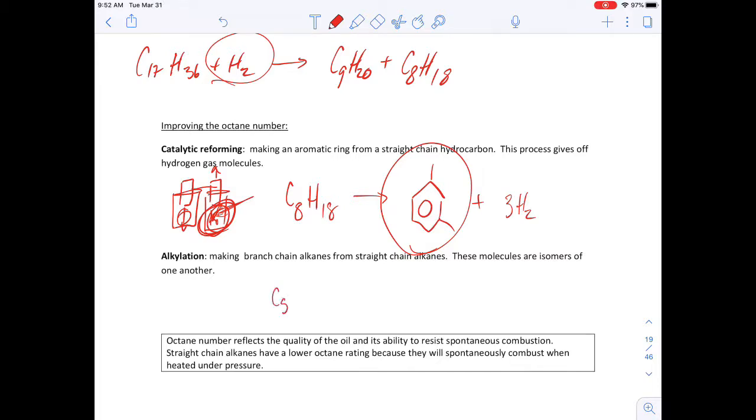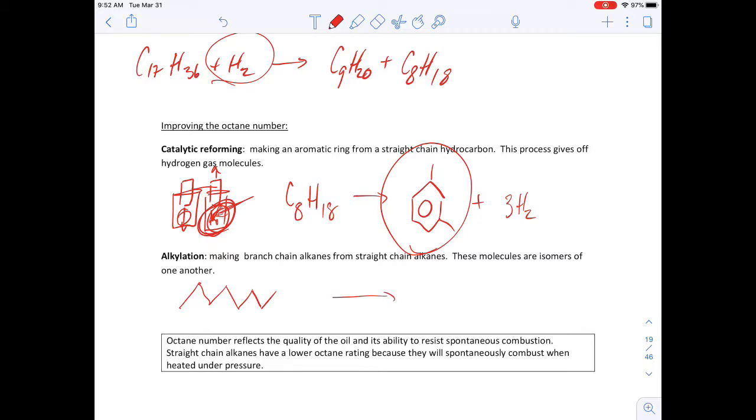Alkylation does a similar thing, but instead what alkylation does is it takes a straight chain. So if it was an octane, I had 1, 2, 3, 4, 5, 6, 7, 8.